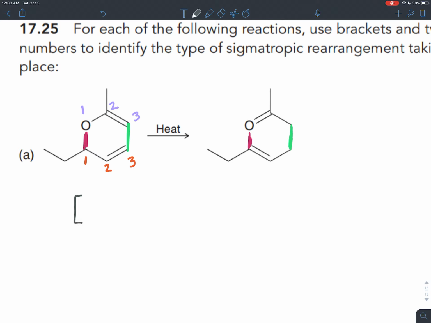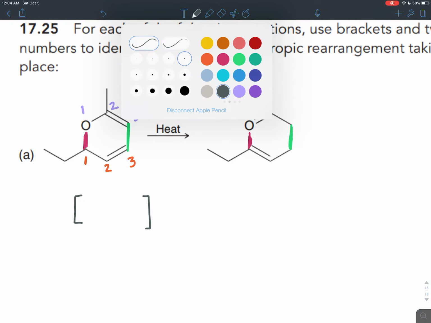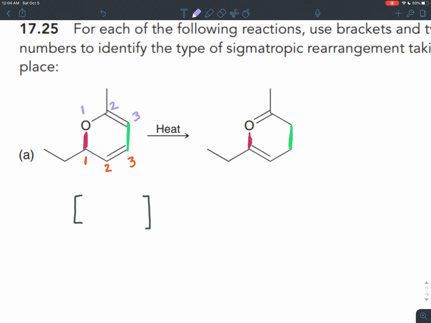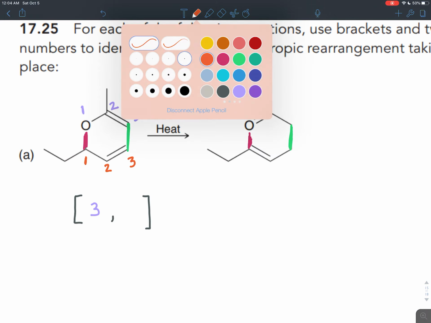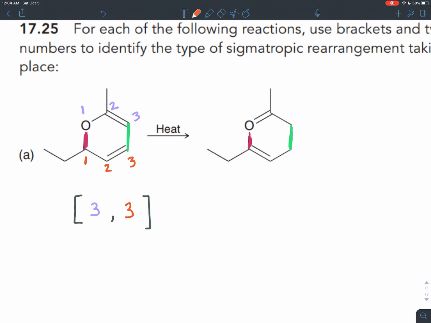And so these sigmatropic rearrangements are classified in brackets. Inside the brackets, you put the number of atoms on each side of the bonds that are being broken and formed. On one side, you have 3 atoms. On the other side, you also have 3 atoms.